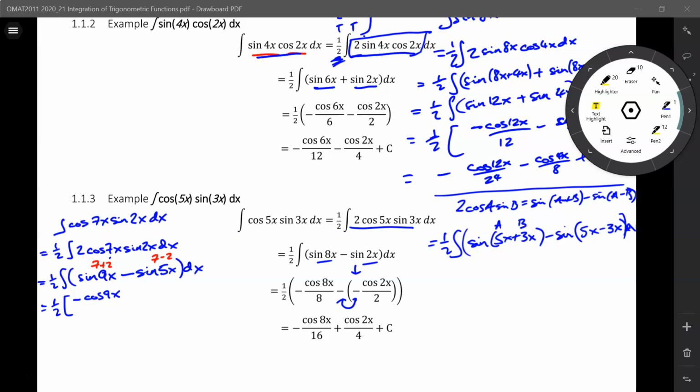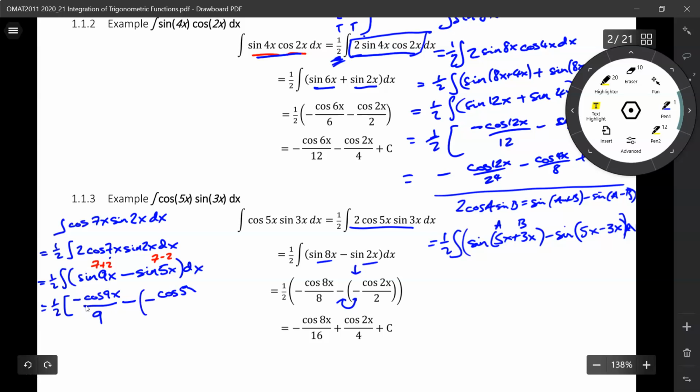So it's minus cosine 9x divided by 9. Minus, and it's here, it's minus times, open up a bracket, minus cosine 5x divided by 5. And I close off those square brackets at the end. So I just open up a square bracket for this, plus a constant of integration.